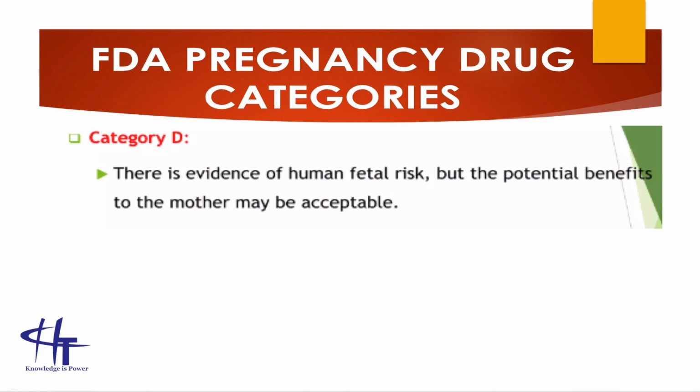However, ladies and gentlemen, their potential benefits to the mother might warrant their use. In other words, if the mother has a particular condition that necessitates taking a category D drug, and the prescriber deems it necessary, then they will give this medication.